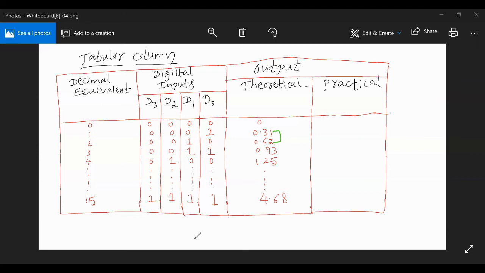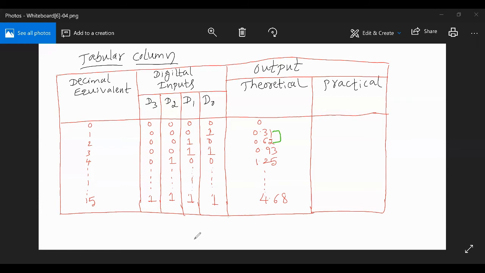For 2, because for 1 it is 0.31, you add 0.31 and get 0.62. 0.62 is the output for digital input 2. For 3, 0.62 plus 0.31. For 4, 0.93 plus 0.31. So like this, the step size keeps adding for the sequential digital inputs. This is how the step size can be understood, right?